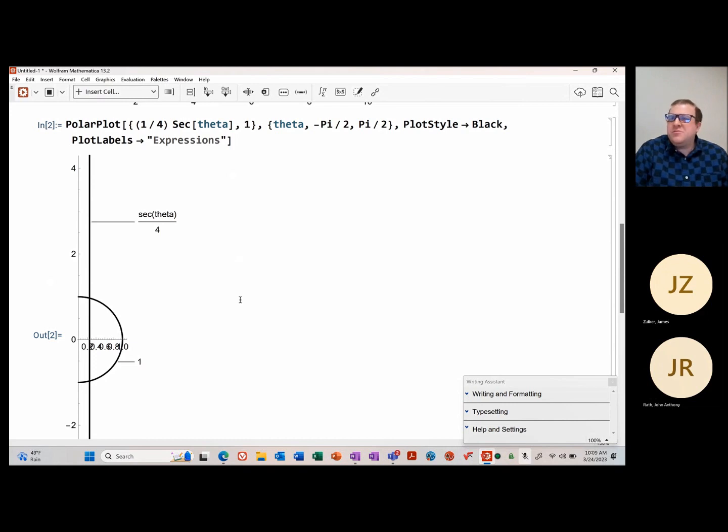There is an option to turn off the XY axes and turn on the R theta axes, but they're not really useful if you've ever seen the R and theta axes.